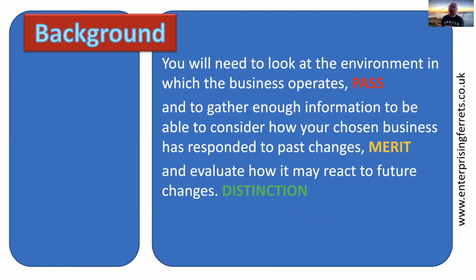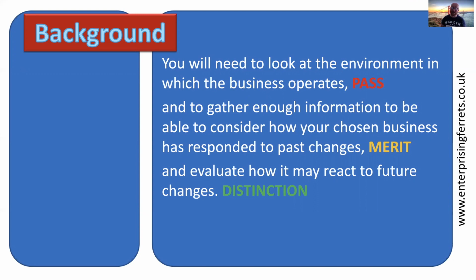So what you've got to do is to get your pass, merit and distinction. To get the pass, you just look at the environment in which the business operates. To get a merit, you're going to see how a particular business has responded to the environment in which it operates.